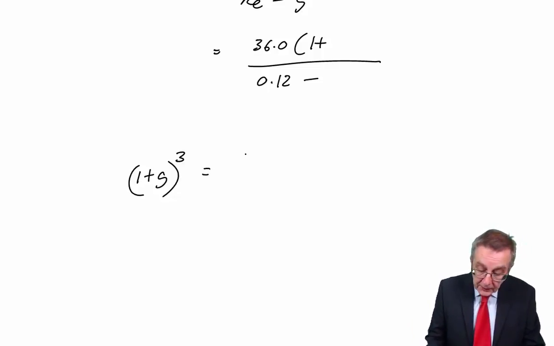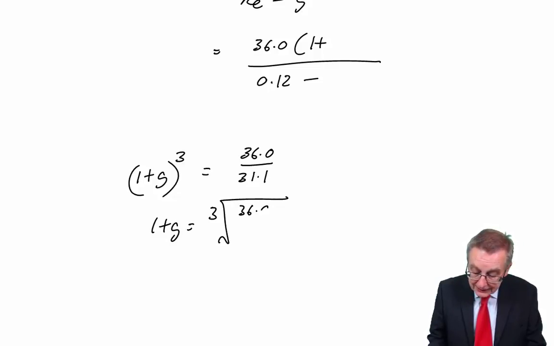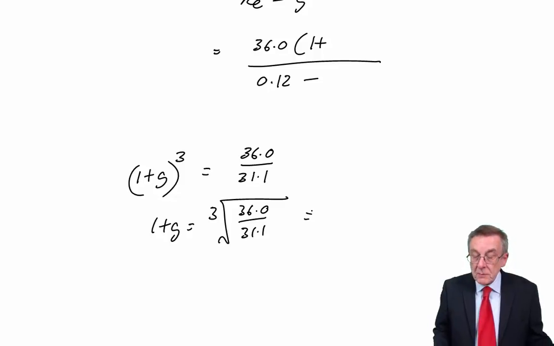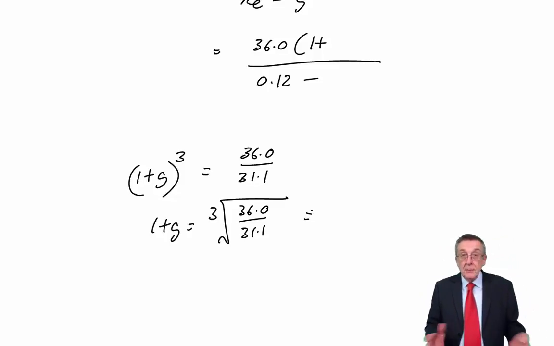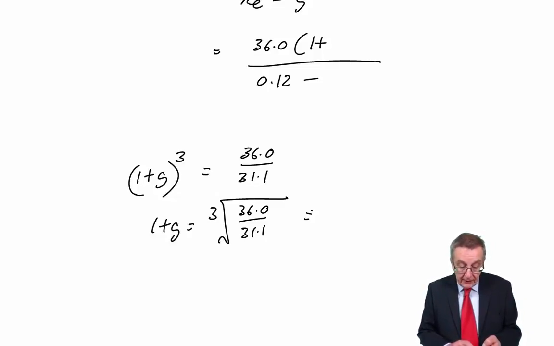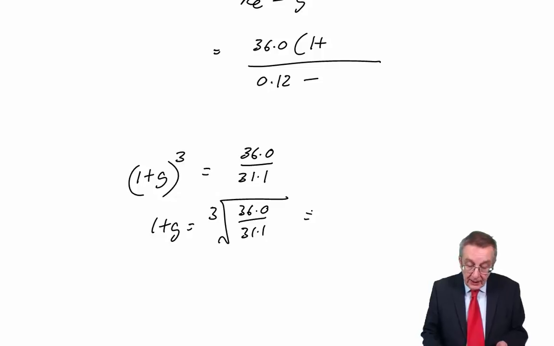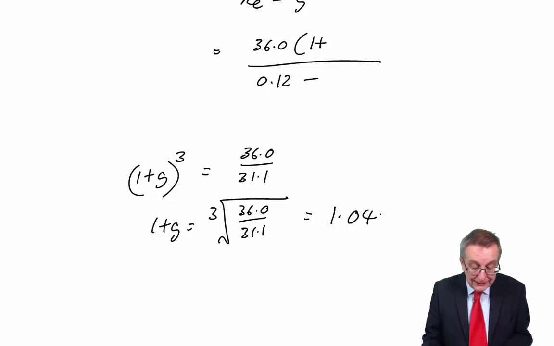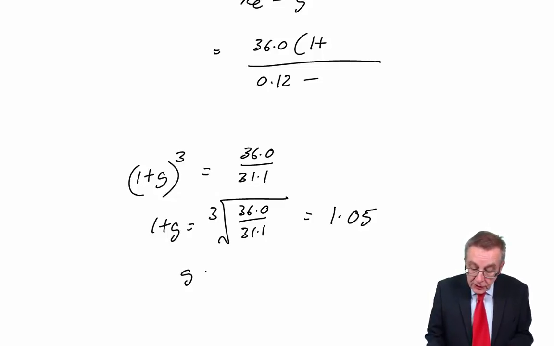That's equal to the overall growth, the latest dividend divided by the earliest. So 1 plus g is the cube root of that, which, since you must have a scientific calculator, you should have a button for it. Let's check I can get it right. 36 divided by 31.1, the cube root comes to 1.0499799, well, effectively 1.05. g, therefore, is 0.05, or 5%.